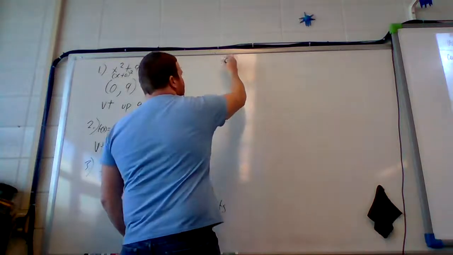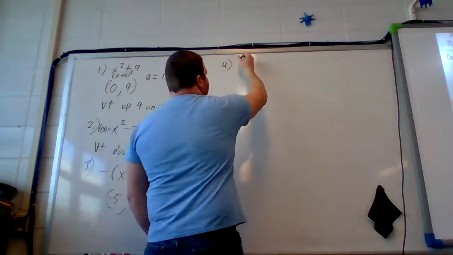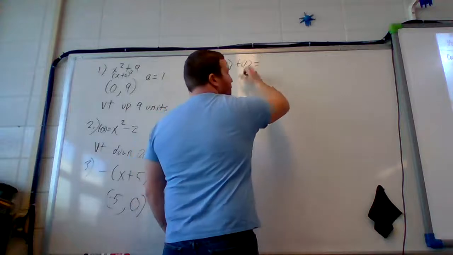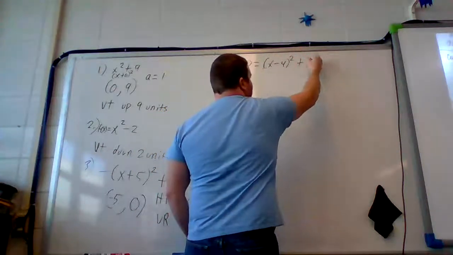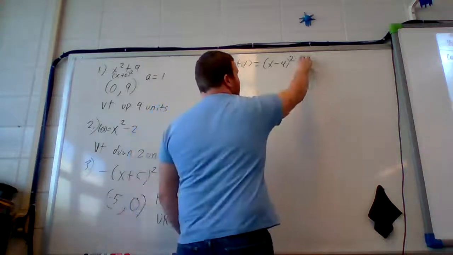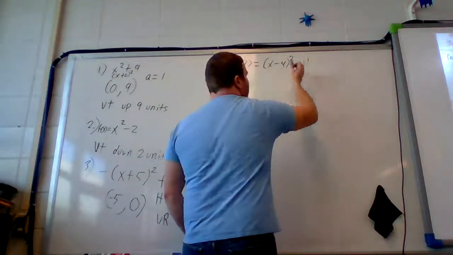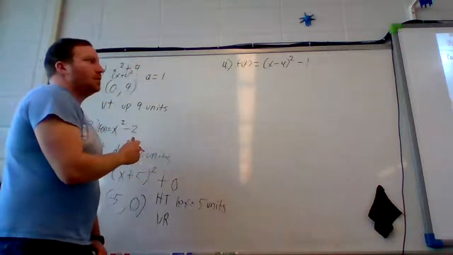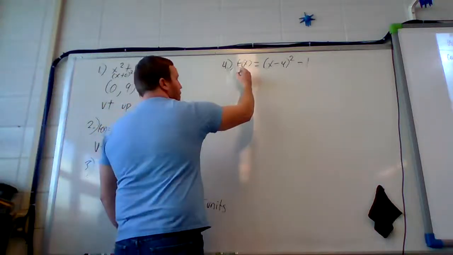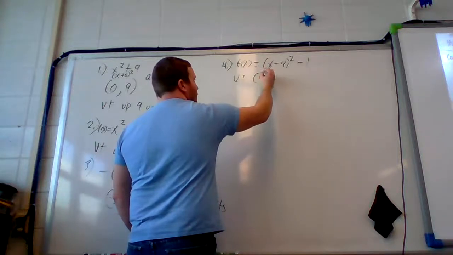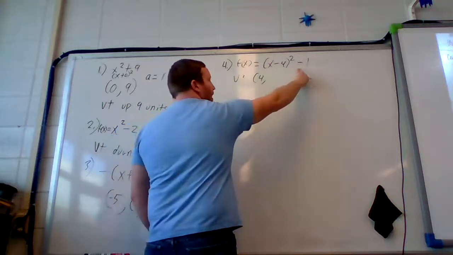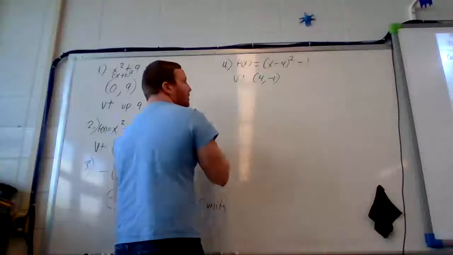Number 4, we have f of x equals (x minus 4) squared minus 1. So our vertex this time is going to be opposite of the inside. So positive 4, same k value, so negative 1.